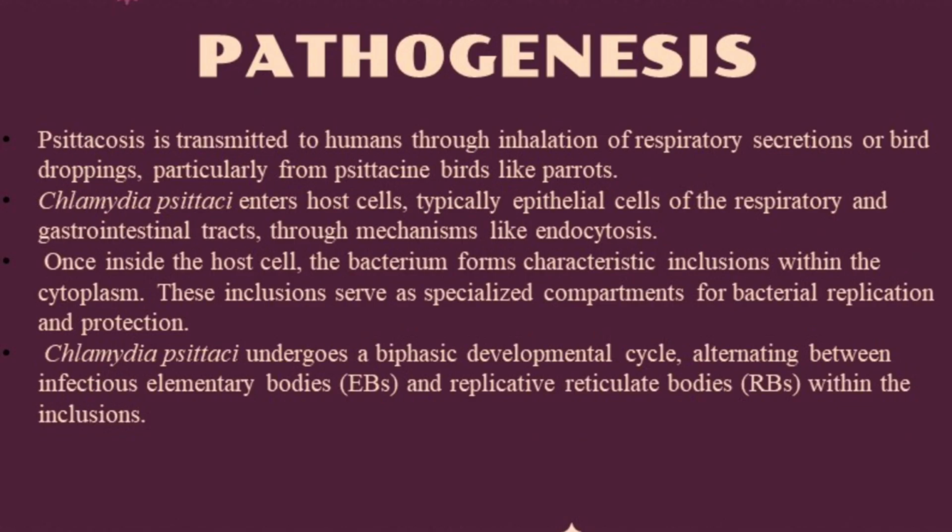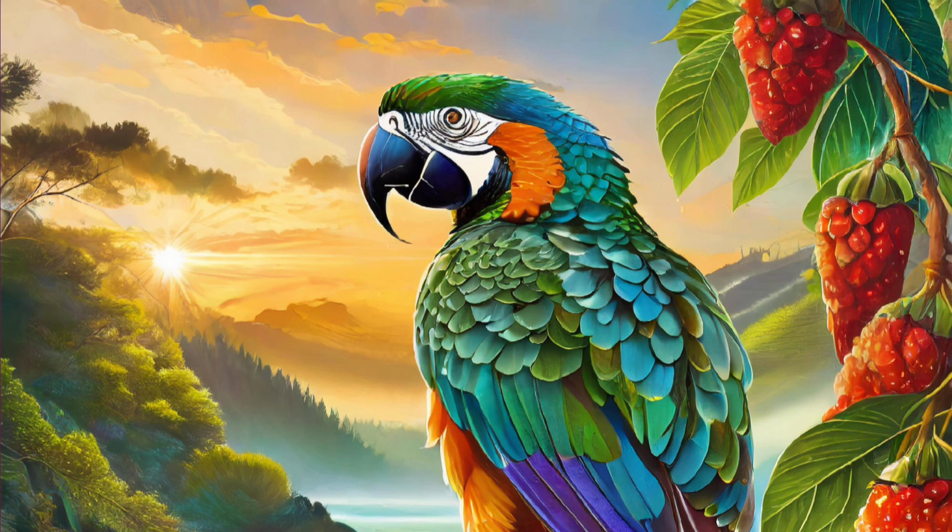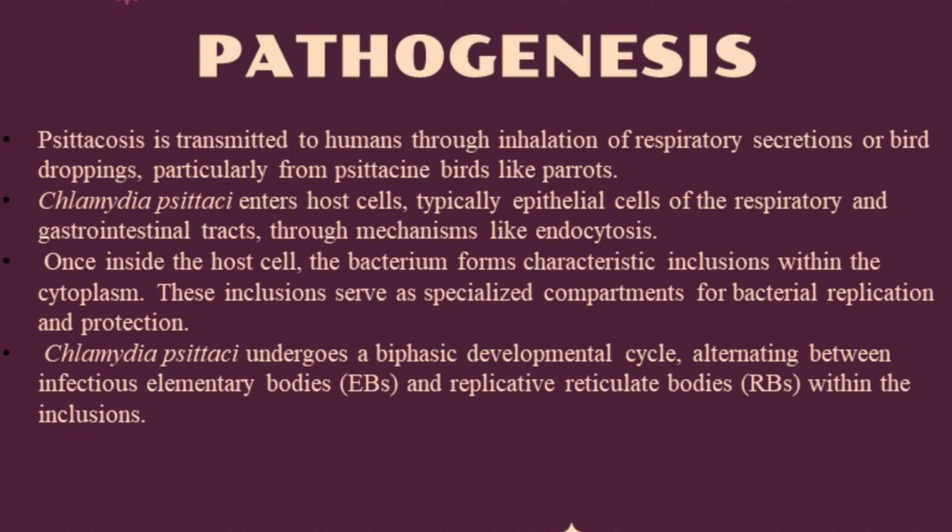Pathogenesis of Chlamydia psittaci. Psittacosis is transmitted to humans through inhalation of respiratory secretions or bird droppings, particularly from birds like parrots. The bacteria Chlamydia psittaci enters host cells, typically in the respiratory and digestive tract, using a process like endocytosis.